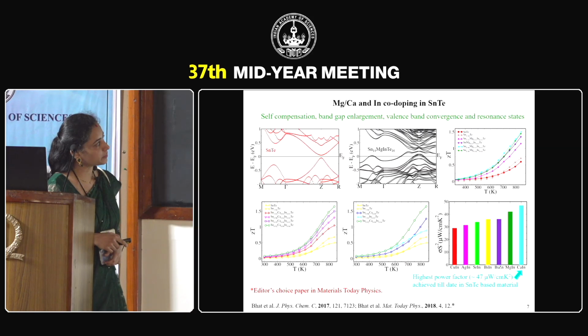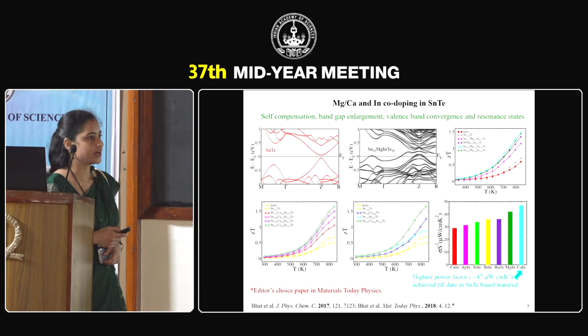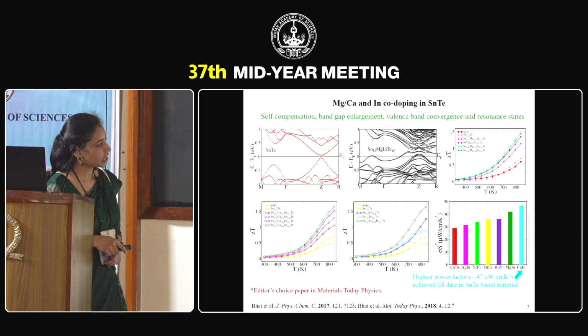In the case of magnesium indium co-doping, we achieved a ZT, that is the figure of merit, of 1.5 at 840 Kelvin. In the case of calcium and indium co-doping, since calcium had higher solubility, we maintained a 2:1 ratio and we achieved a ZT of 1.6 at 840 Kelvin, and this material exhibits the highest power factor achieved so far in SnTe based material.